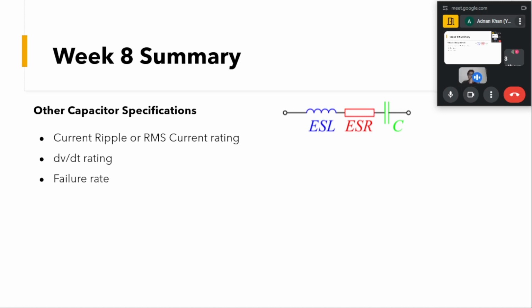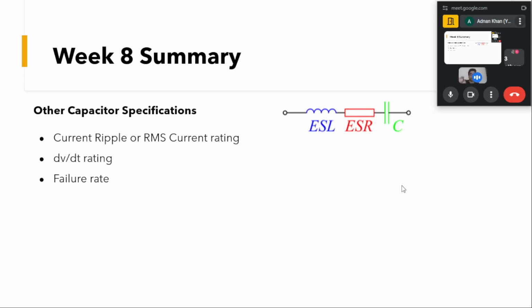Also, we have to see the dV by dt rating of the capacitor, and see if our capacitor will be able to withstand a particular dV by dt rating of the converter.